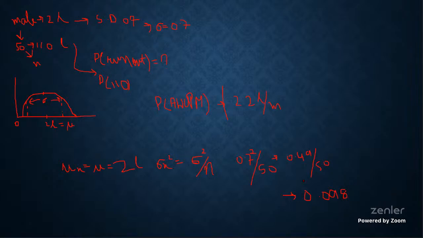So the answer would be 0.098, and obviously this is the probability that you will run out. Probability is always less than 1. If it exceeds 1, your answer is wrong. I hope it has been clear.